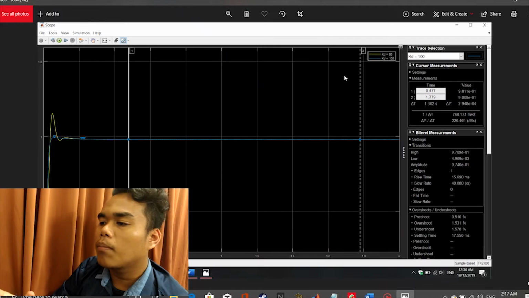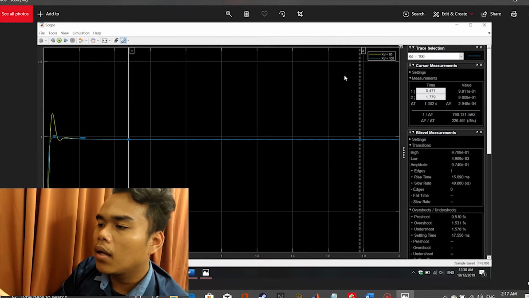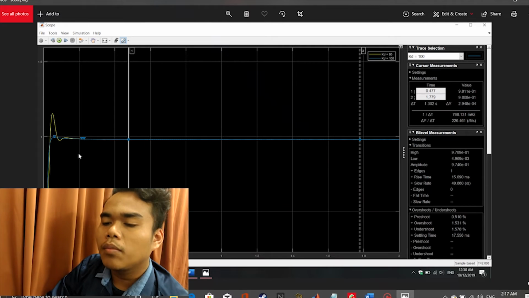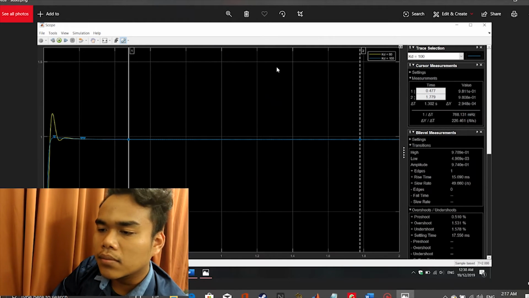the overshoot and the settling time will decrease. This means when I put the lower KD value for the yellow graph, the overshoot is increased.